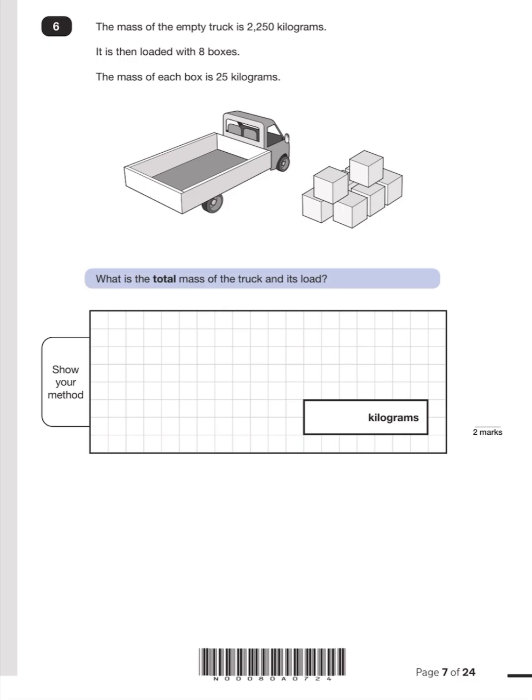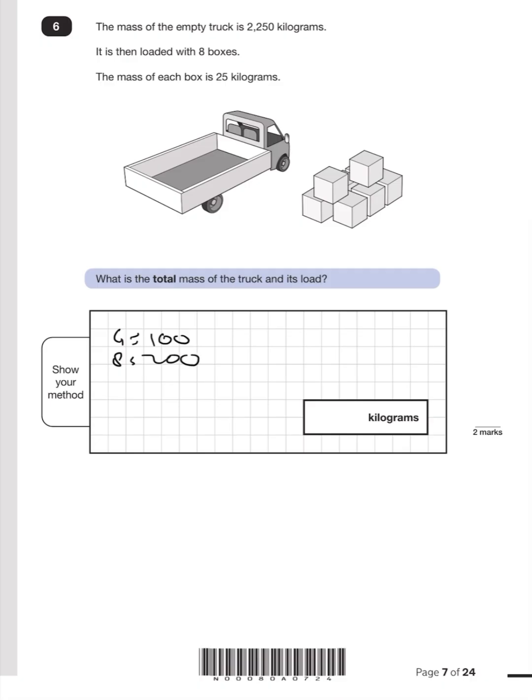Number 6. The mass of the empty truck is 2,250 kilograms. It is then loaded with 8 boxes. The mass of each box is 25 kilograms. What is the total mass of the truck and its load? So we've got each box 25 kilograms, and there are 8 of those. 4 boxes would therefore make 100. 8 would be 200.